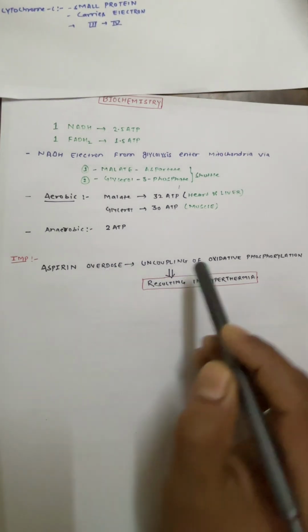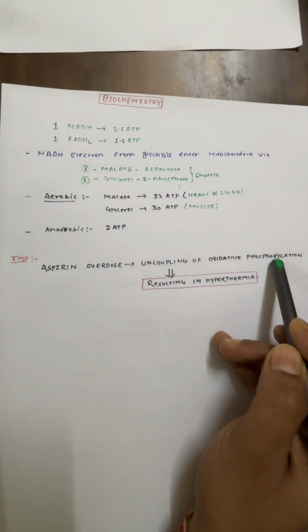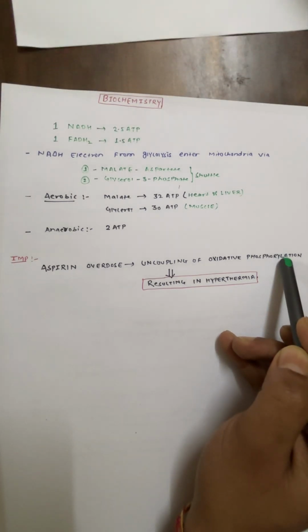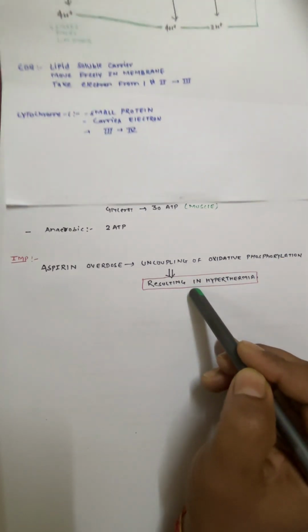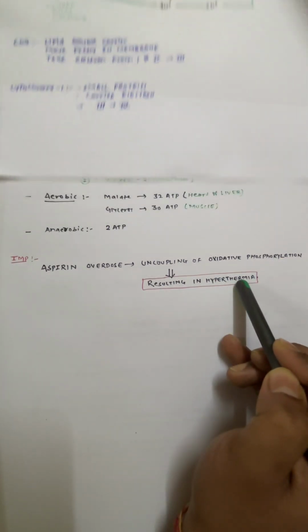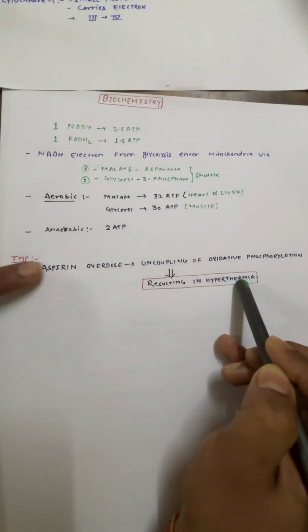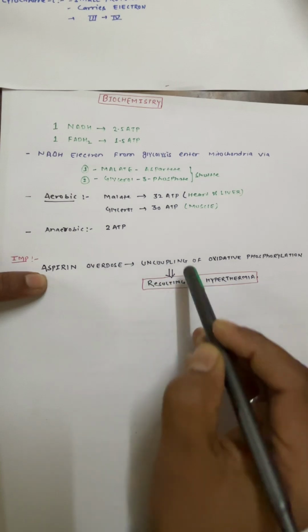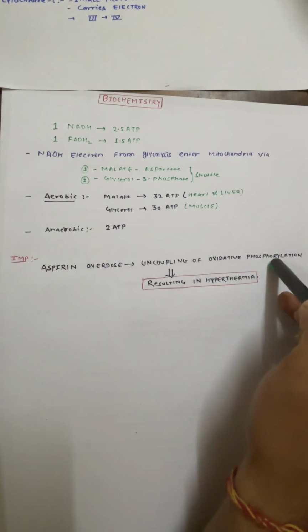So when aspirin overdose occurs, there will be uncoupling of oxidative phosphorylation, ATP will not be produced, and this will result in hyperthermia. Most of the time they ask in MCQs why hyperthermia occurs in aspirin overdose, because there will be uncoupling of oxidative phosphorylation.